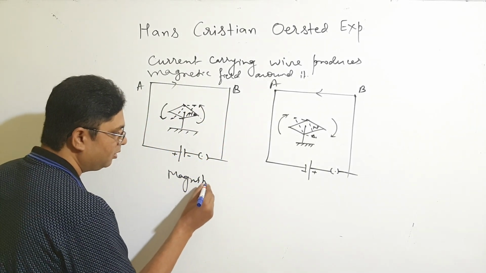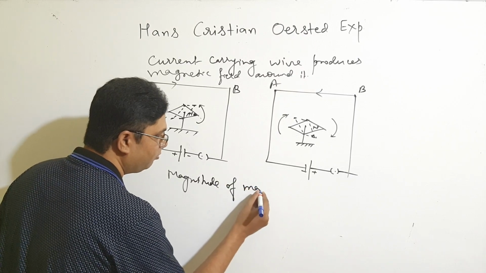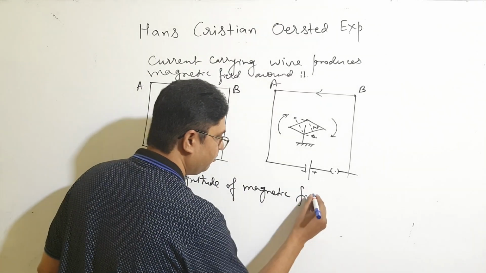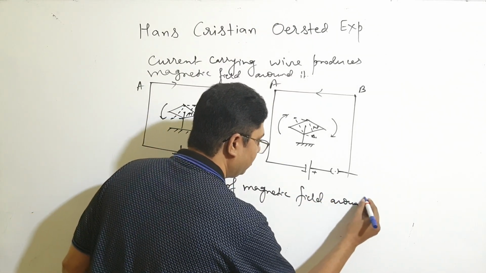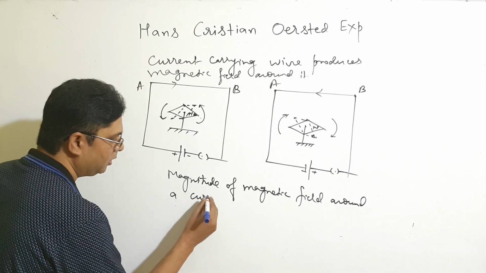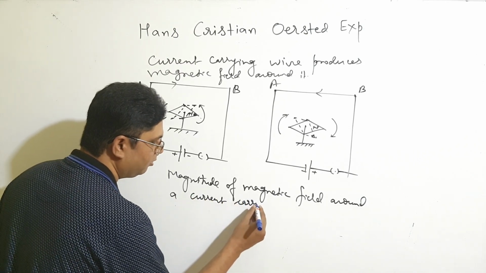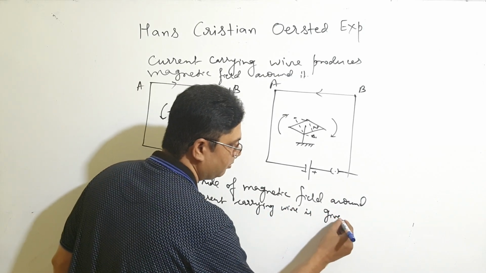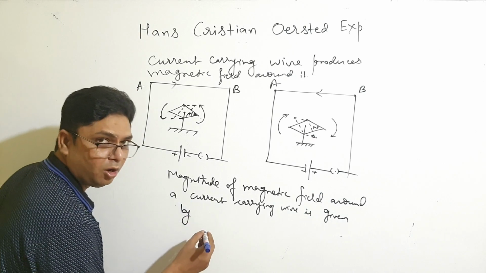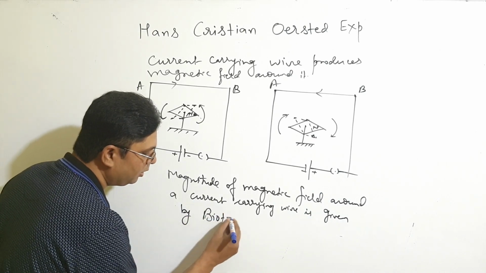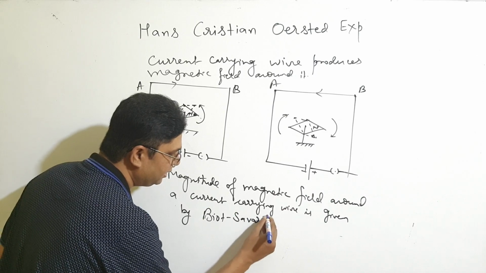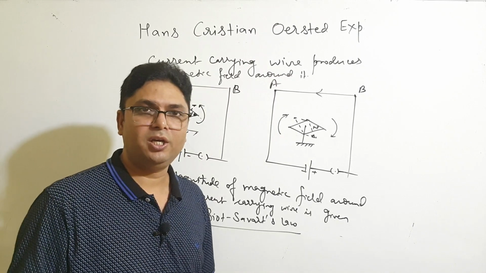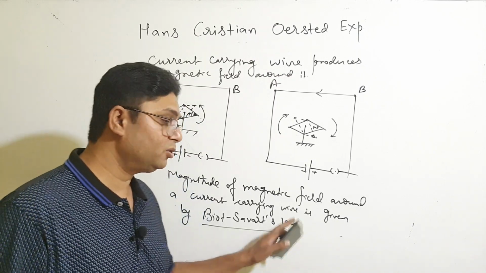The magnitude of the magnetic field around a current carrying wire is given by which law? Biot-Savart's law. In the next video lecture, you will learn about Biot-Savart's law.